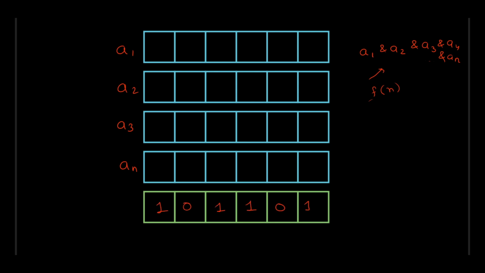Now what can you conclude from f(n)? Why are we starting with f(n) first of all? Because this does not involve any summation terms, so this might be easier for us to visualize. What does this 1 mean over here? It means that you took the bitwise AND of all the elements, but you still ended up with 1. So you can conclude that the bit must necessarily be 1 for all the elements over here. This part you can guarantee.